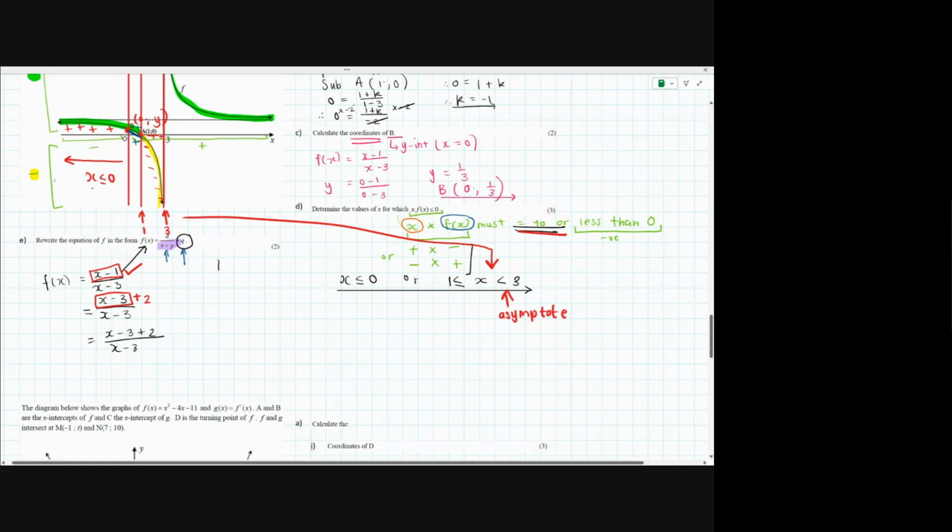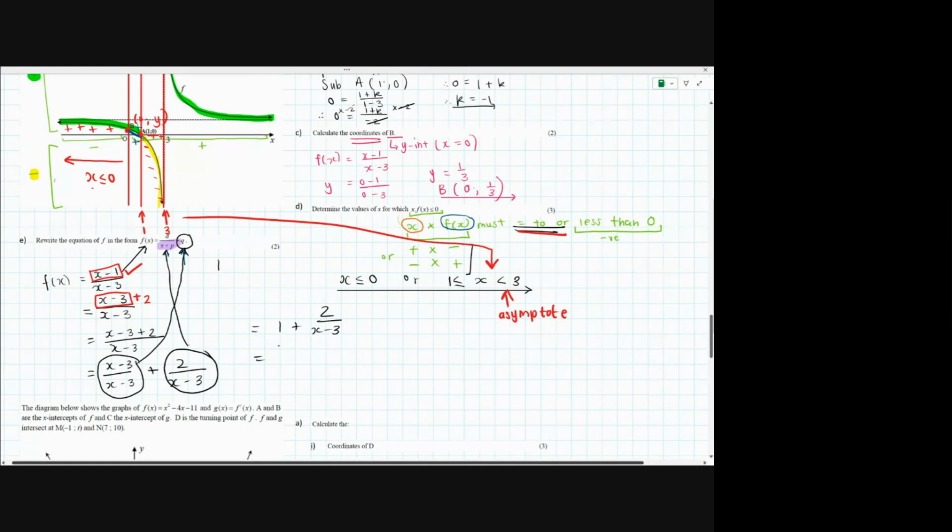And now we separate this out. So we've got x minus 3 divided by x minus 3 plus 2 over x minus 3. This term is now my a over x plus p. And this x minus 3 divided by x minus 3 simplifies to give me my q term. And so what I have is 1 plus 2 over x minus 3.